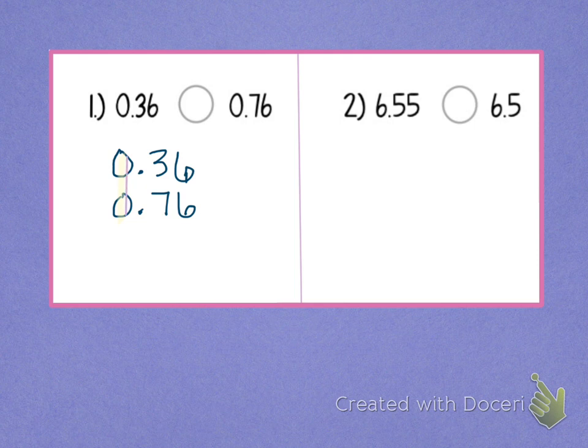So then I need to move to my next two numbers. They are different, so I'm going to write them, 3 and 7. Is 3 less than, greater than, or equal to 7? It is less than, therefore 0 and 36 hundredths is less than 0 and 76 hundredths.